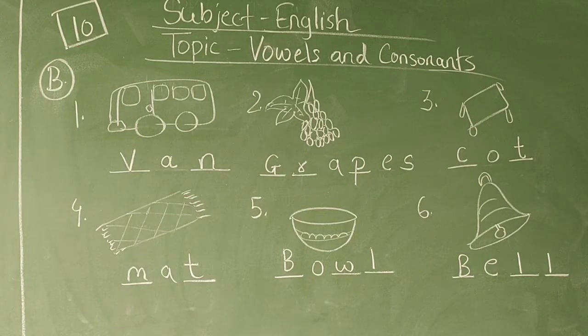First picture VAN, van. Second one GRAPES, grapes. Third one COT, cot. Fourth MAT, mat. Then BOWL, bowl. Number 6 BELL, bell.